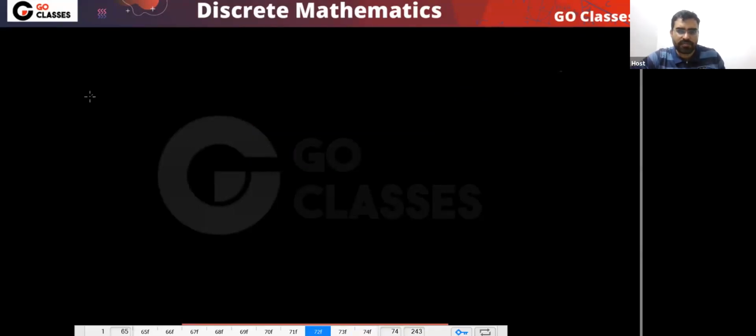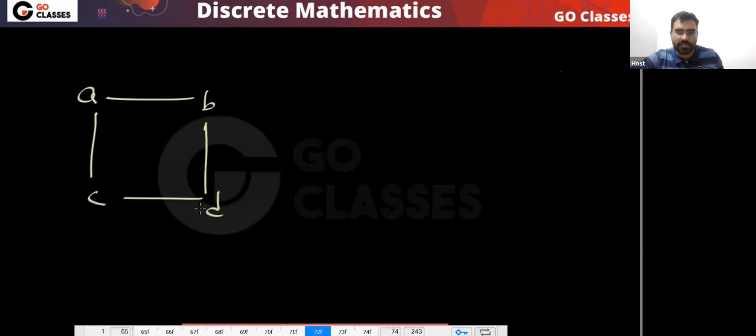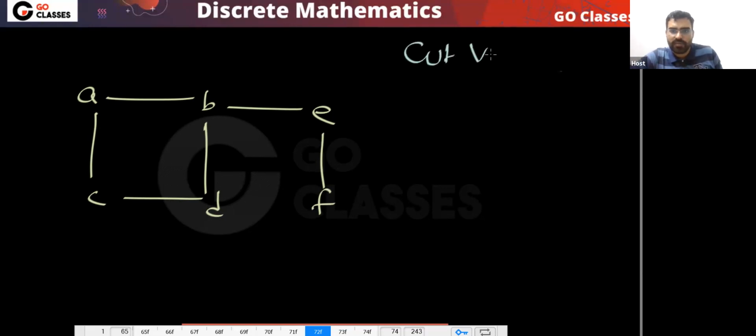If I give you this graph, consider this graph A, B, C, D, E, F. Now tell me, in this graph, what is a cut vertex? In cut vertex, our focus is on the vertex.